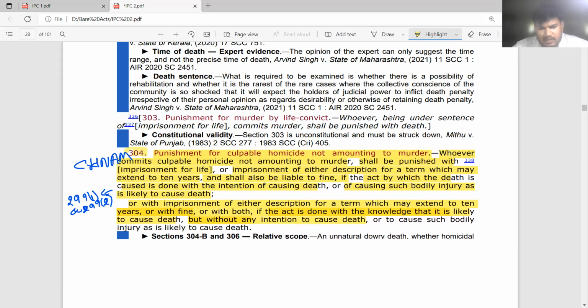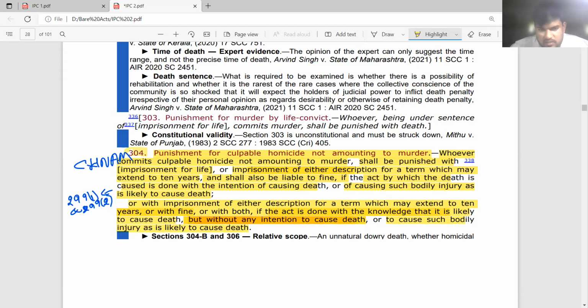Even if they had skipped writing this part, it would have been sufficient, because if it were with intention to cause death, then we would not have read this part. Instead, the punishment would lie here, in 299.1. So they are talking about 299.3. So it is implicit that it was done without the intention of causing death or to cause such bodily injury as is likely to cause death.